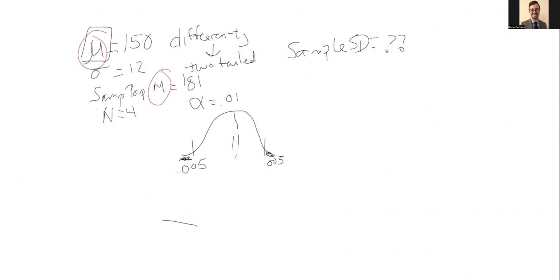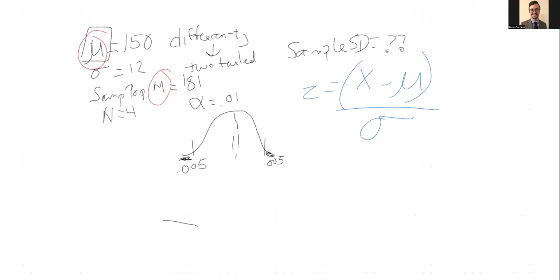I look at my formula sheet and it has two formulas that could be helpful. One says Z equals X minus mu divided by sigma.